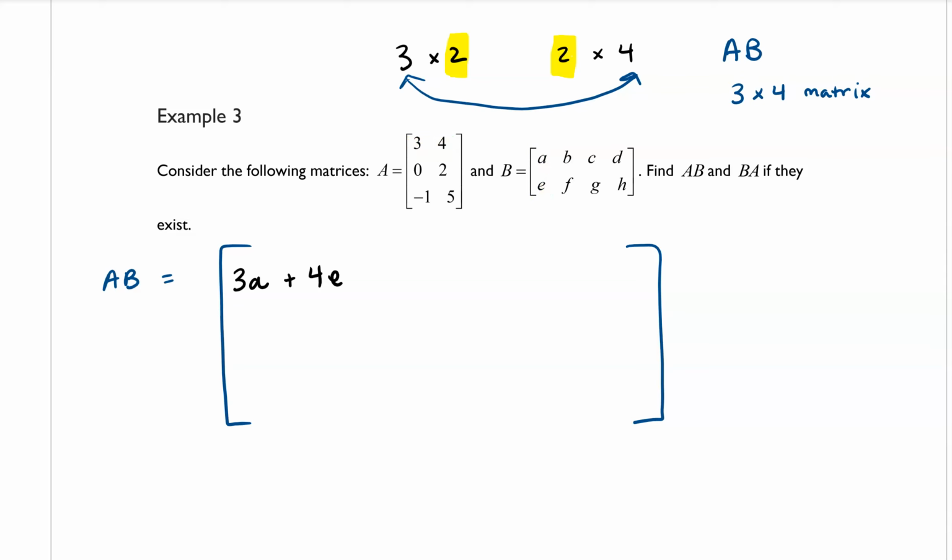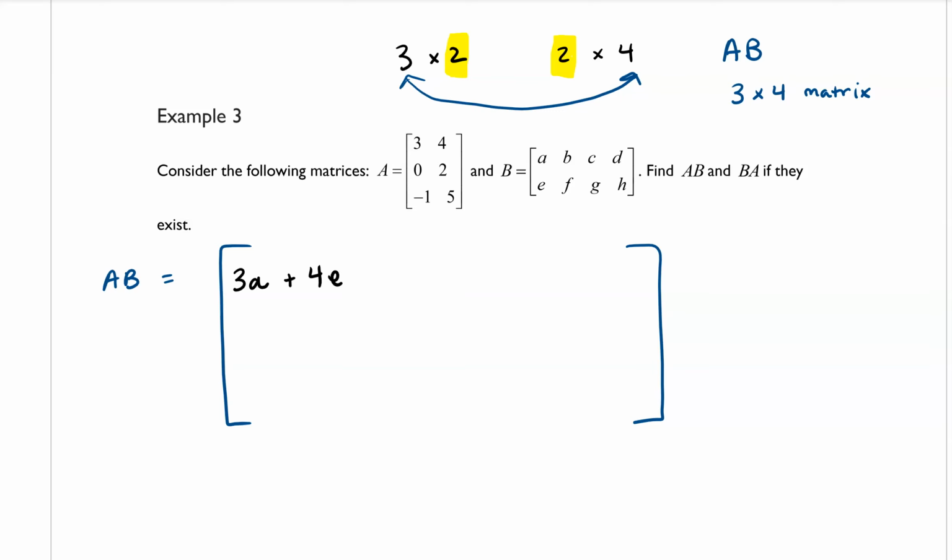So that was basically AB11 because it's the first row and first column in that multiplied matrix. Then to figure out the value that would go in the first row, second column, we would look at this here and this here.